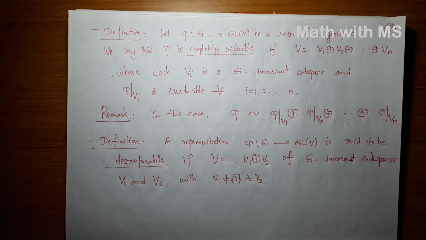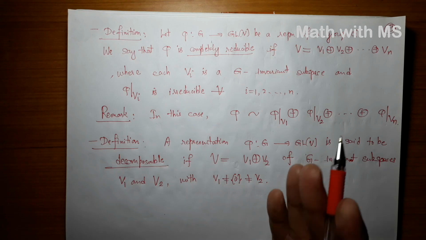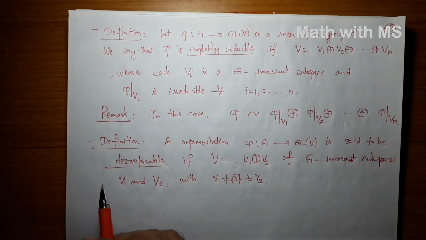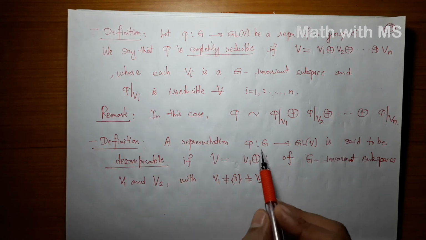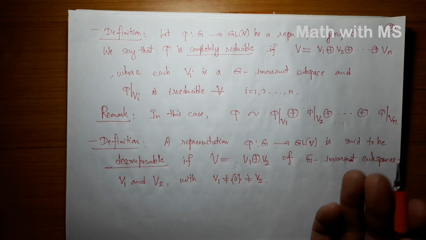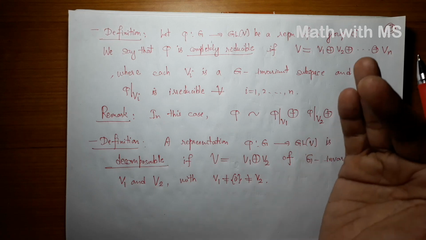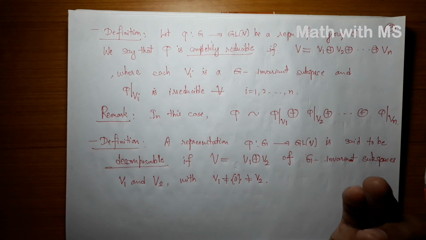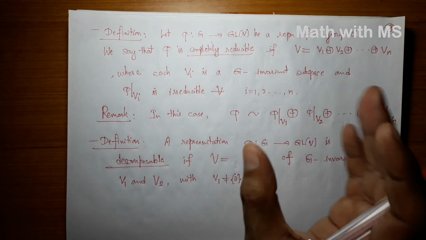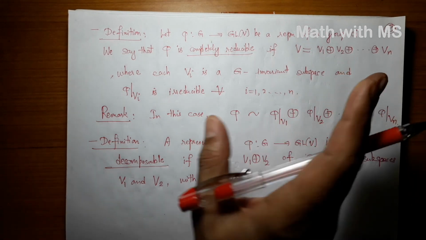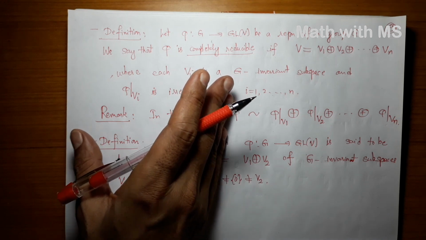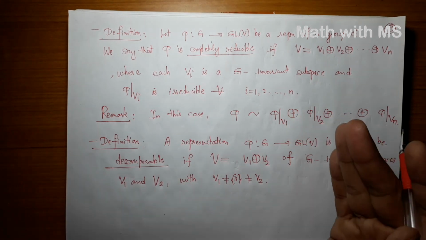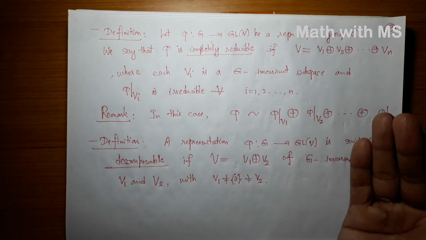But here the point is it is still not clear that if you have a G-invariant subspace, then it always has a G-invariant complement. If you have a representation of a group G and you have a G-invariant subspace, you can restrict your representation and you get a sub-representation. But it is not clear why that sub-representation is a summand of the original representation. For that to happen, the complement of that subspace should also be invariant.